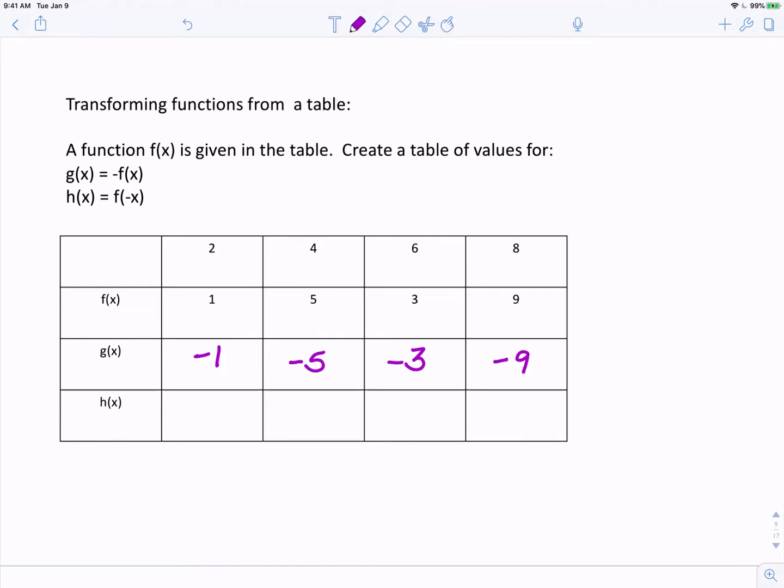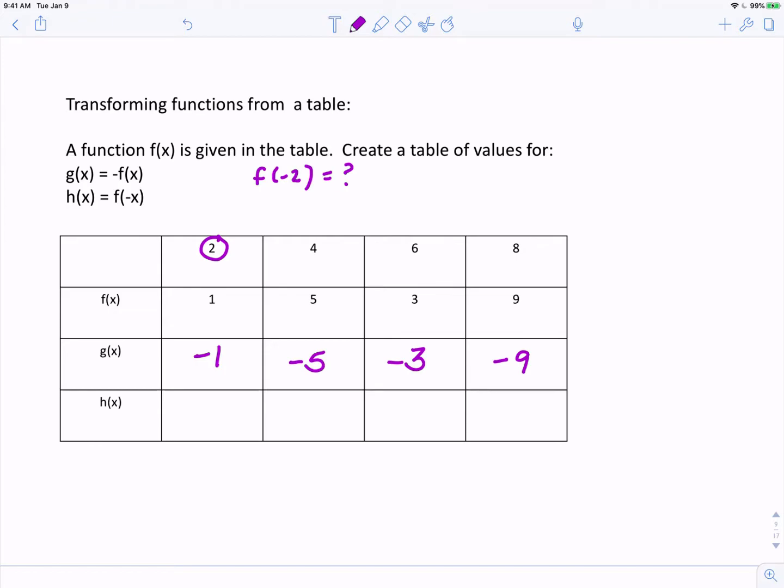So h of x is equal to f of negative x. Notice that in our table, we have x equal to 2, but we don't know what f of negative 2 is. We're not given any values for it in the table. And so you might wonder, how can we find values for h of x?